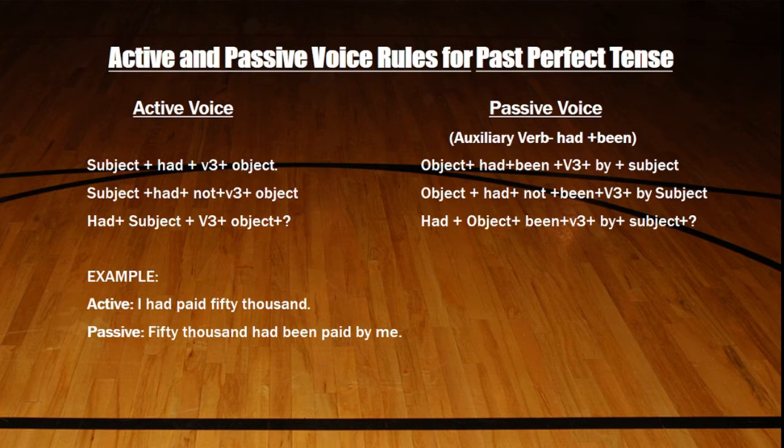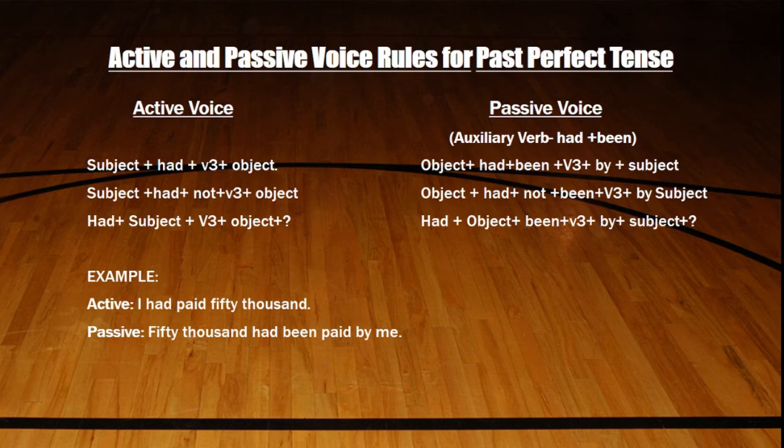Now, if we look at the interrogative sentence, it's like had plus subject plus verb third form with the object. And of course, not to forget the question mark. Here, in the case of the passive voice, when you're converting it, it becomes like had plus object plus being plus the third form of the verb and then followed by the subject, by plus the subject.